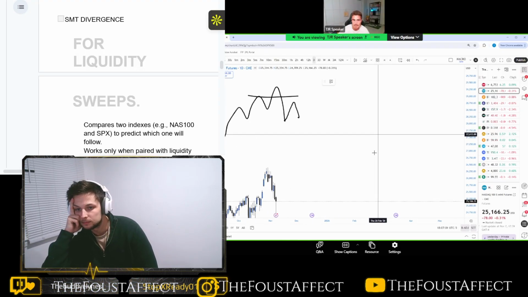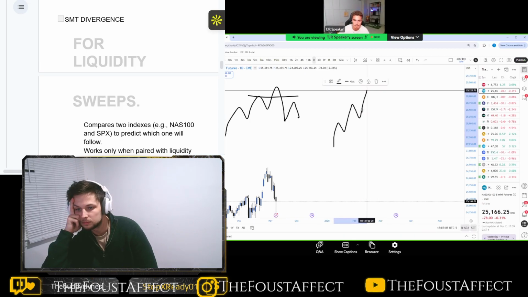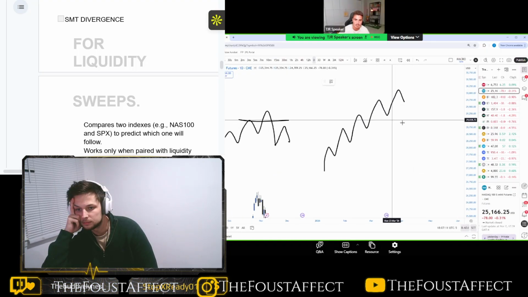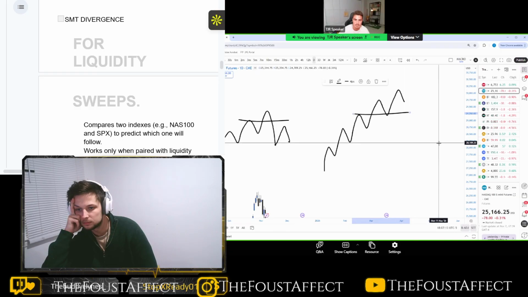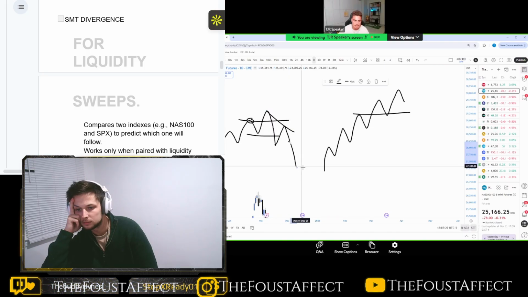However, this is what the S&P 500 chart looks like. Where on NASDAQ, we swept liquidity, we broke structure, and we made a lower high saying that, hey, we swept liquidity, we filled orders, we broke structure, and now we're continuing this downtrend.